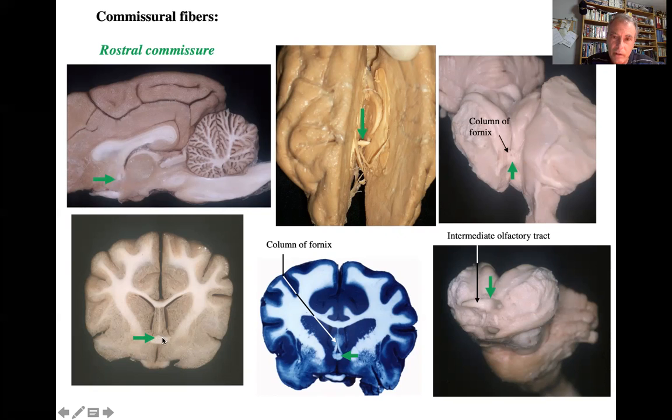The rostral commissure is located at the same level, but dorsally, to the optic chiasm, because both originate from the lamina terminalis that extends in the embryo, the rostral end of the diencephalic vesicle. And as you see here, this is the rostral commissure, and behind we have the columns of the fornix. Okay? So remember that the rostral commissure is just dorsal to the optic chiasm.